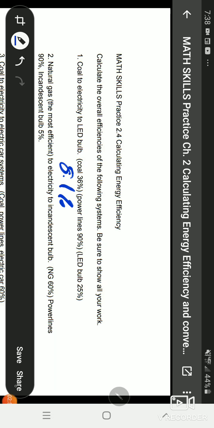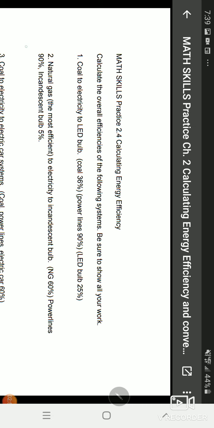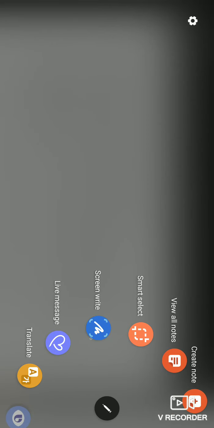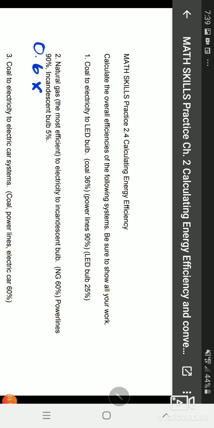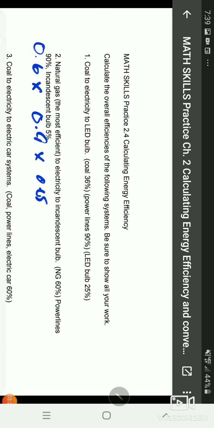We're going to take 0.6, and we're going to multiply that by 0.9, and we're going to multiply that finally by 0.05, because it's 5%, not 50%.